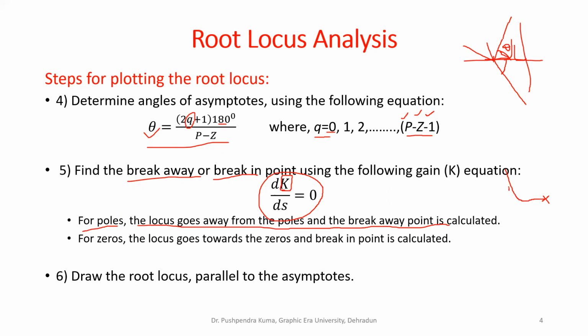If you are looking at a zero, the locus will go towards the zero, suppose coming from infinity, and the break-in point is calculated. Finally, once you have these values, you can draw the root locus, and it will be parallel to the asymptotes you have calculated.